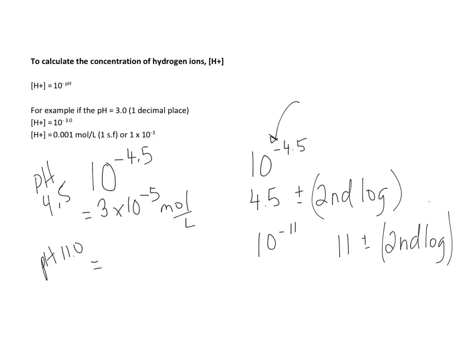So the hydrogen ion concentration for this is 1 times 10 to the negative 11 moles per liter. So that in a nutshell is your introduction to acids and bases, pH, and naming these compounds.